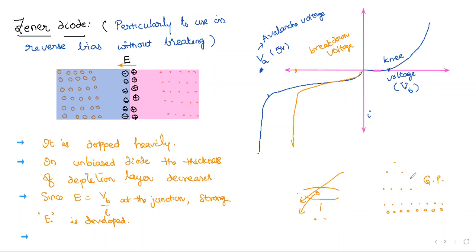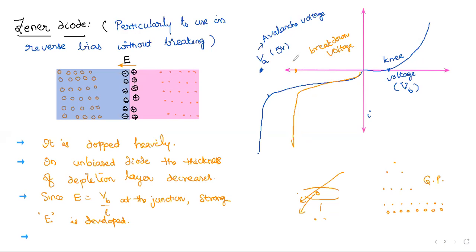Okay, suddenly the charge carriers number is increased. Charge carriers number is increased means suddenly the current through the diode will be increased. So you will get a sudden growth here also. Okay, where you are getting a sudden growth of current, I am calling that voltage as breakdown voltage. Okay, without breaking the diode.